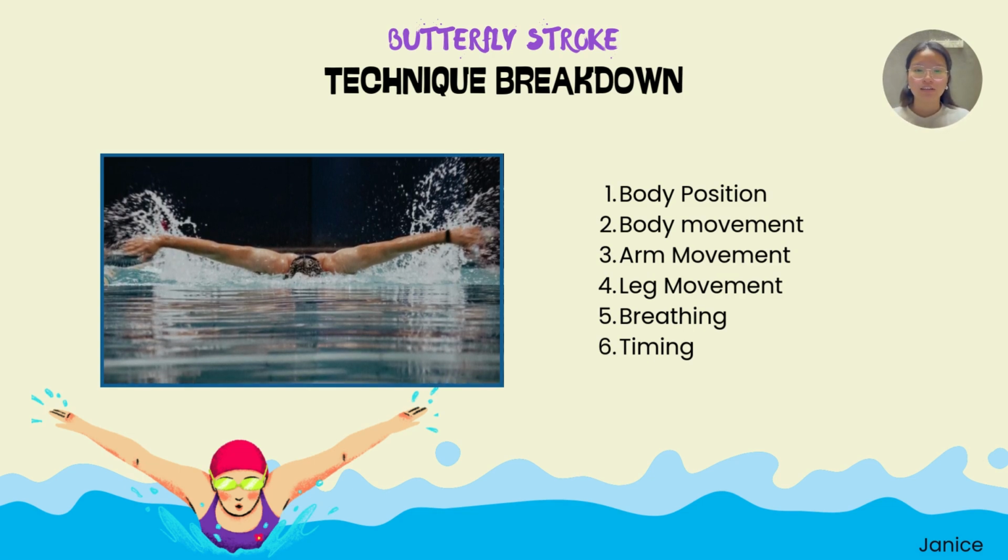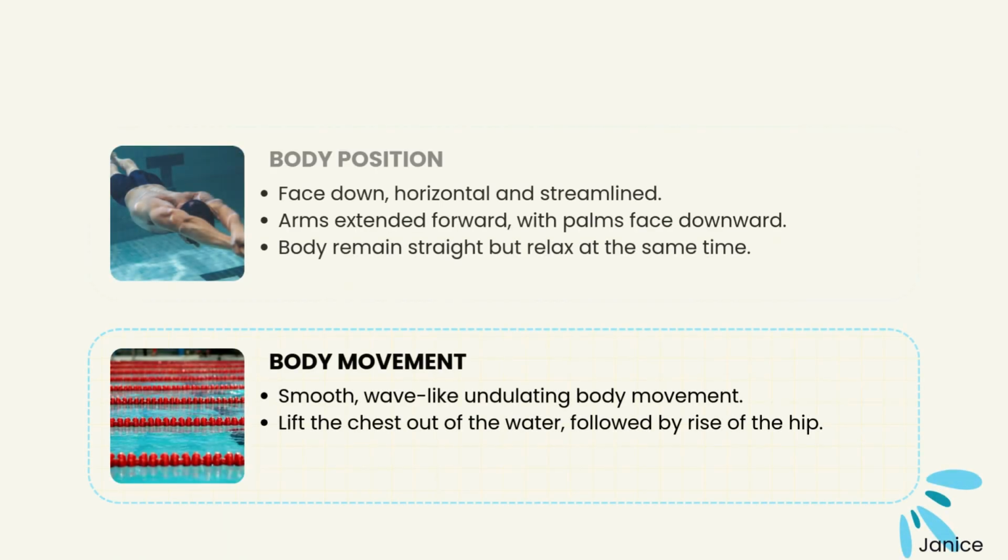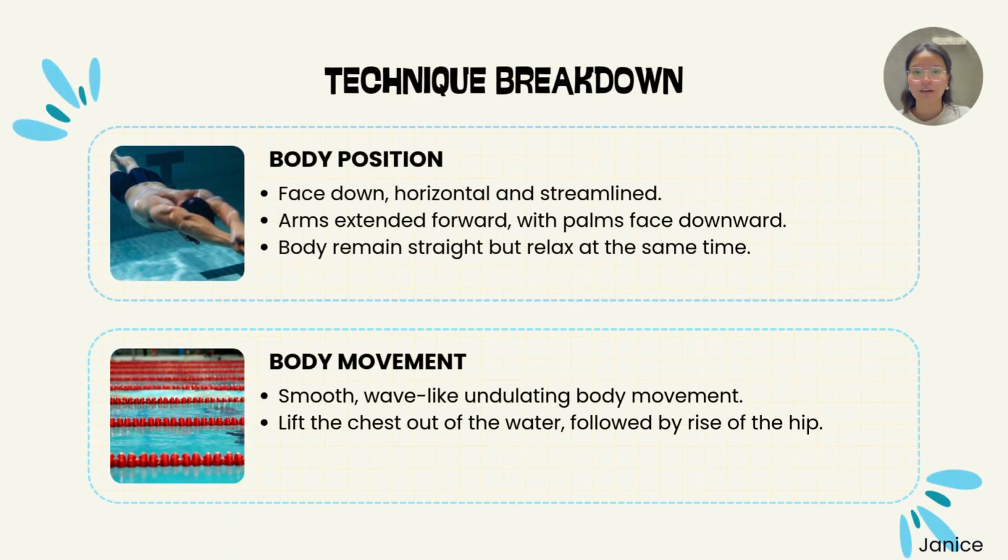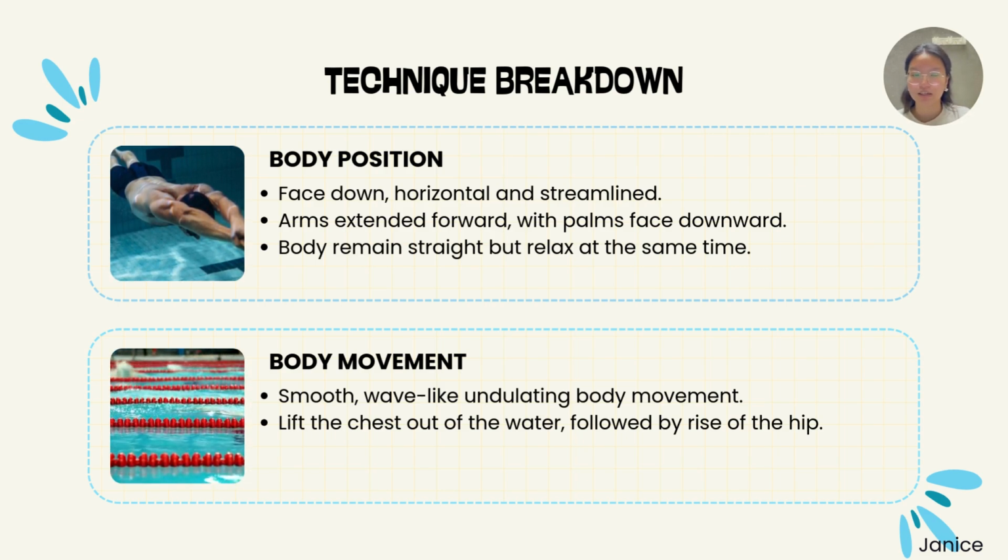I will divide the technique breakdown into 6 parts, which are body position, body movement, arm movement, leg movement, breathing, and timing. Start with body position. For body position, we should always keep our body face down, horizontal, and streamlined.